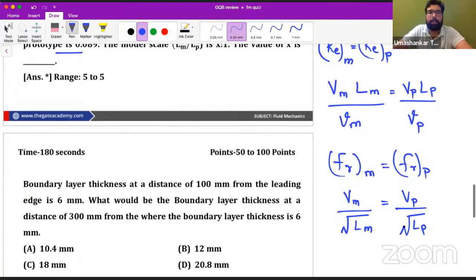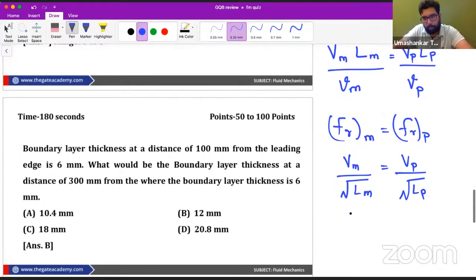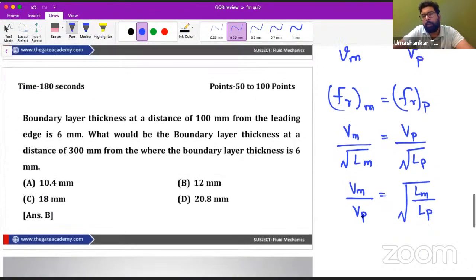We know the Froude number is the ratio of inertia forces to gravitational forces. So from here we can write Vm by Vp is equal to root of Lm by Lp.